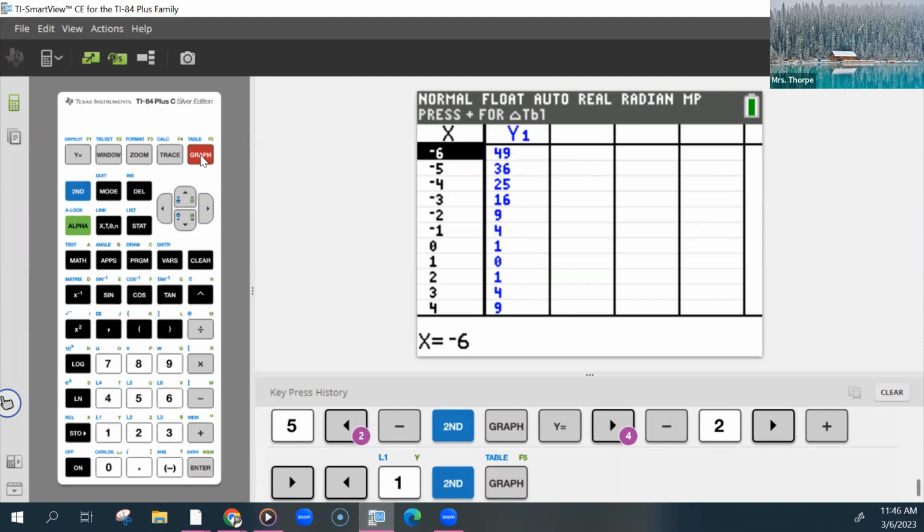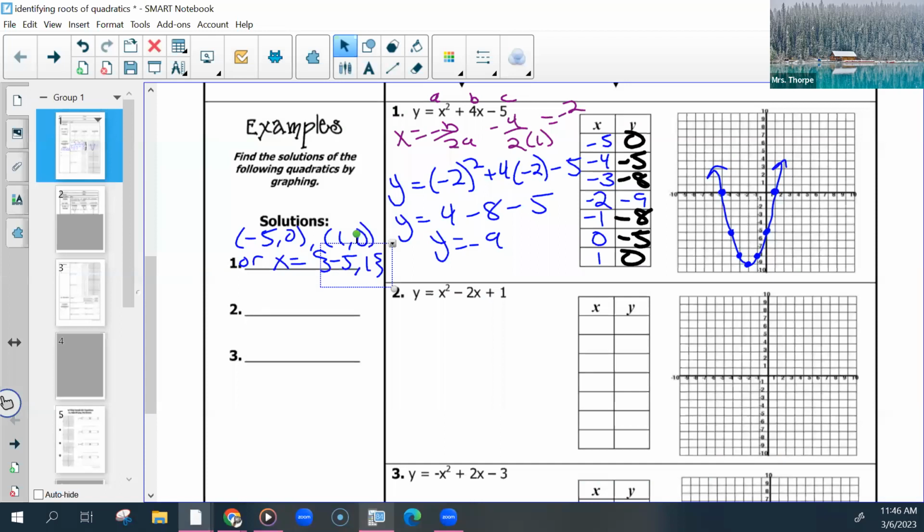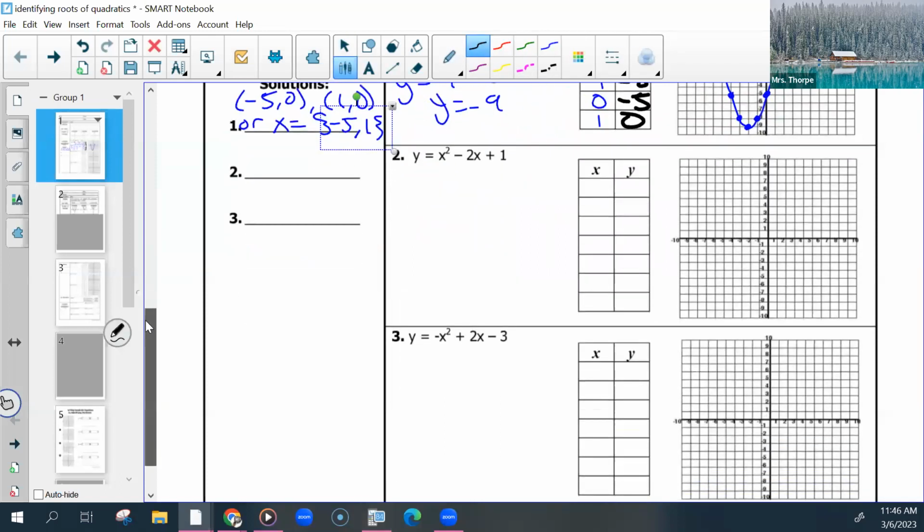Where is the middle? One. Where the x is 1 or the y is 1? So (1, 0) would be our middle, and that would be your vertex that you would put in the middle of your table.